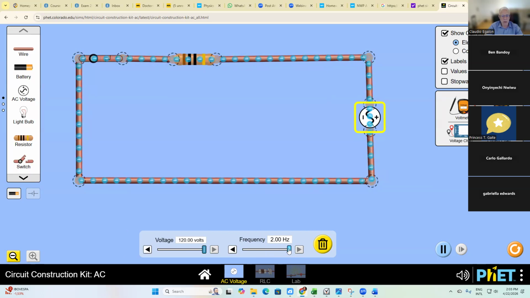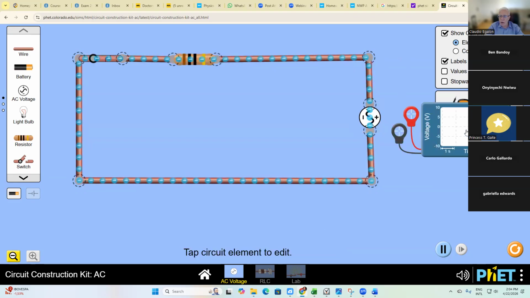There are devices out there that allow us to create those circuits and to change the frequency of the circuit. Not only are there devices that allow us to change the frequency, but there are devices that allow us to measure the frequency as well, the frequency and the amplitude of the circuit.